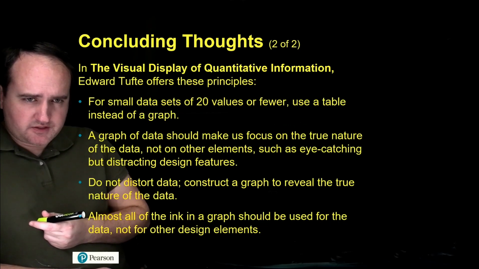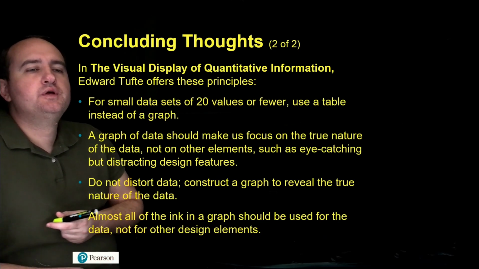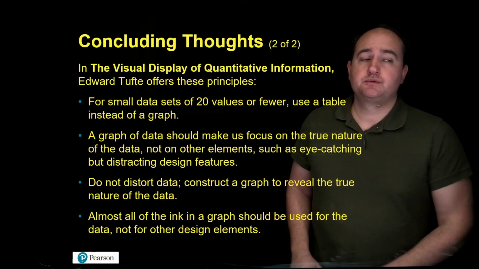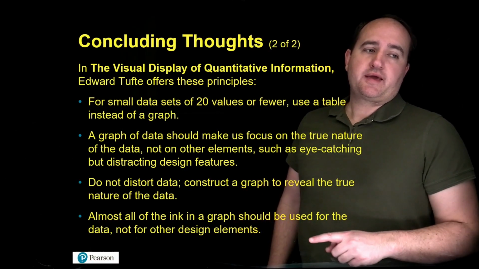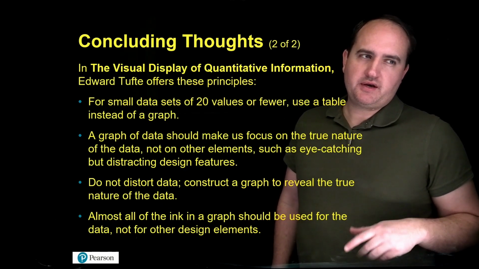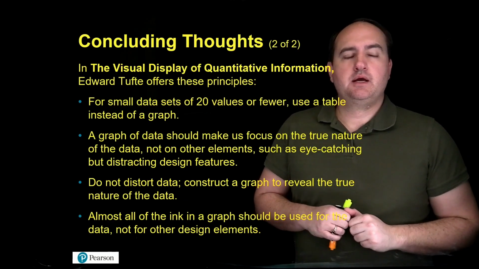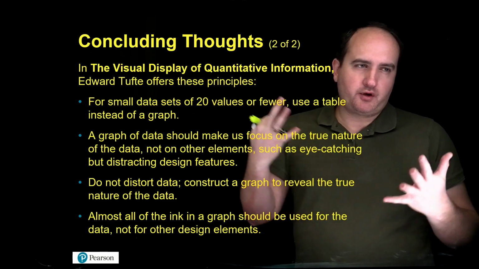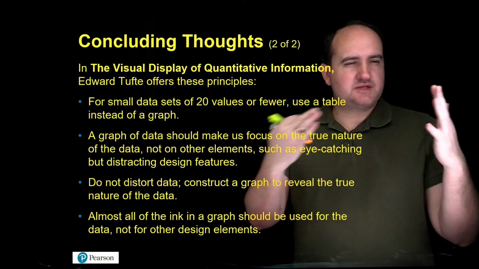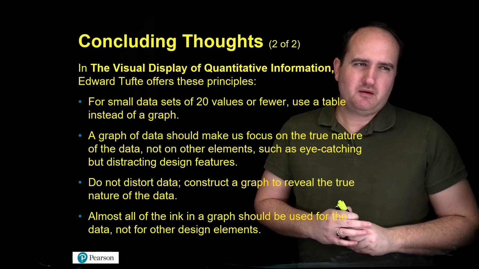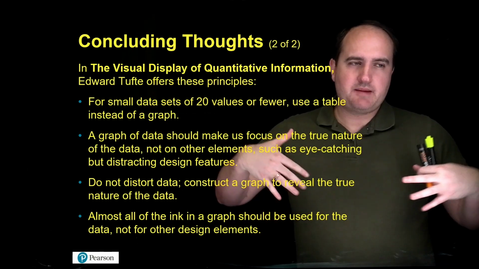recommendation is almost all of the ink in a graph should be used for the data, not for other design elements. Okay, now we haven't seen these, but if you look at a lot of things on the internet, they'll have lots of design elements to make the graph look cooler, but those design elements can distract people from actually understanding the shape of the distribution.